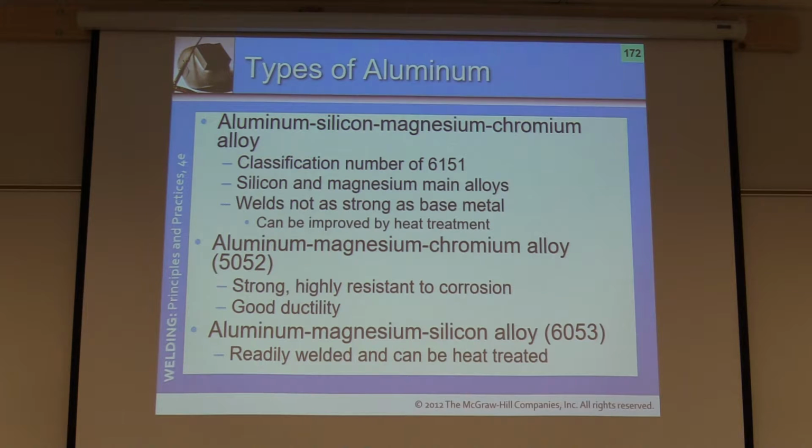Usually the 6000 series is what you'll see on road signs because of good corrosion resistance and strength. Okay. The aluminum, magnesium, chromium alloy, 5052: strong, highly resistant to corrosion, good ductility.